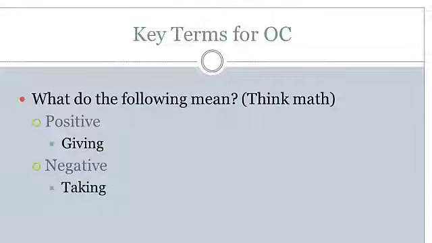And it's the same thing in this situation. Something positive would be when a stimulus is being given. So the outcome is that you are being given something. Negative, think math again, negative would be a minus sign, and minus would be taking something away. So if something is negative, then a stimulus is being taken away. The outcome of the behavior is that something is being taken away from you.